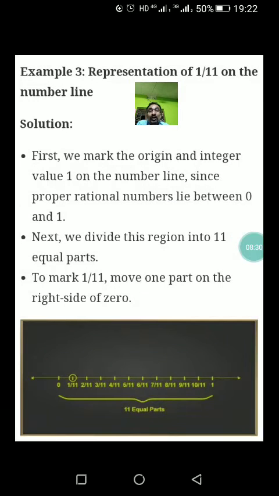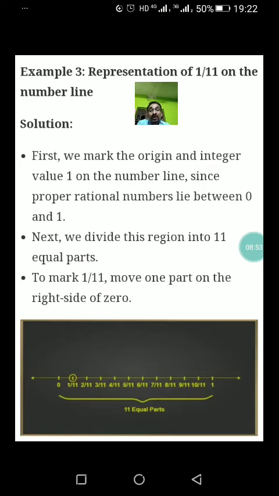Okay? Now, we have to represent 1 by 11 on the number line. In 1 by 11, 11 is greater than 1, of course. It is also a proper fraction. How to represent 1 by 11 on the number line?